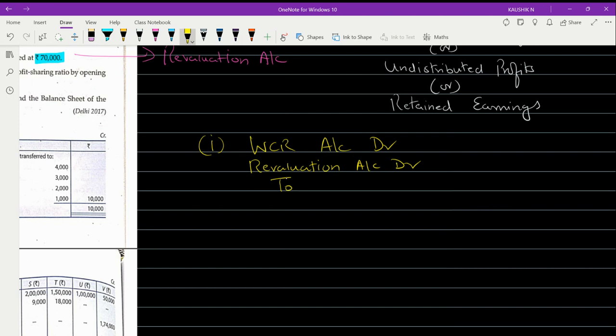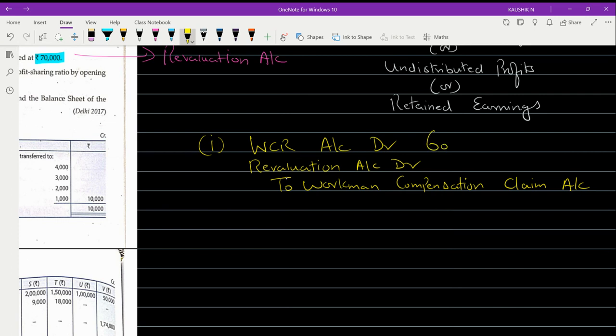So you are debiting these two accounts, WCR account debit, revaluation account debit, to workman compensation claim account.